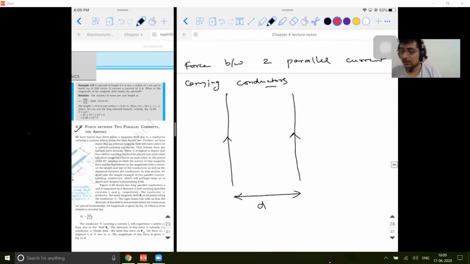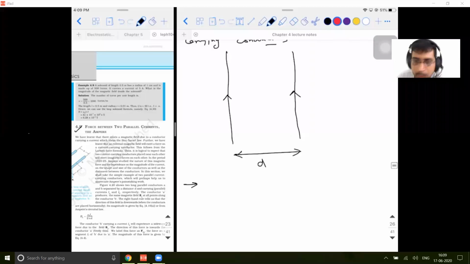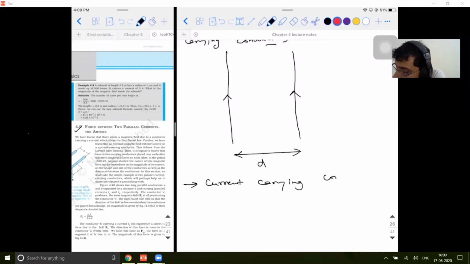So here we know two concepts. Observe. When you have a current carrying conductor, it produces a magnetic field. I'm repeating it: a current carrying conductor produces a magnetic field. And the second point is, when a current carrying conductor is placed in an external magnetic field, it experiences force. So I will write it down. What are the two facts known to us till now? A current carrying conductor produces a magnetic field.